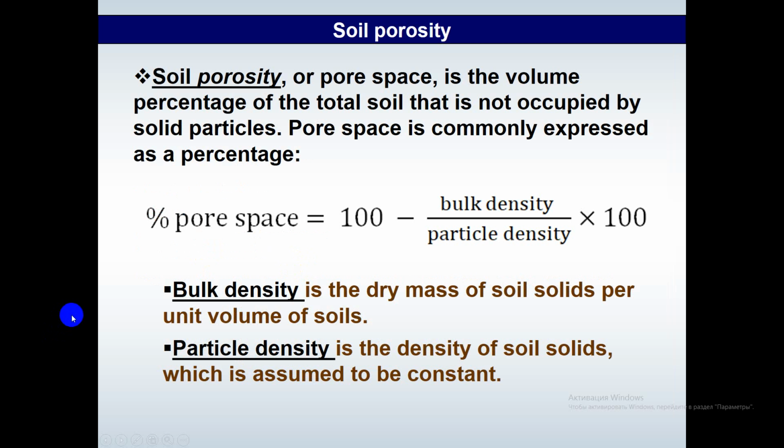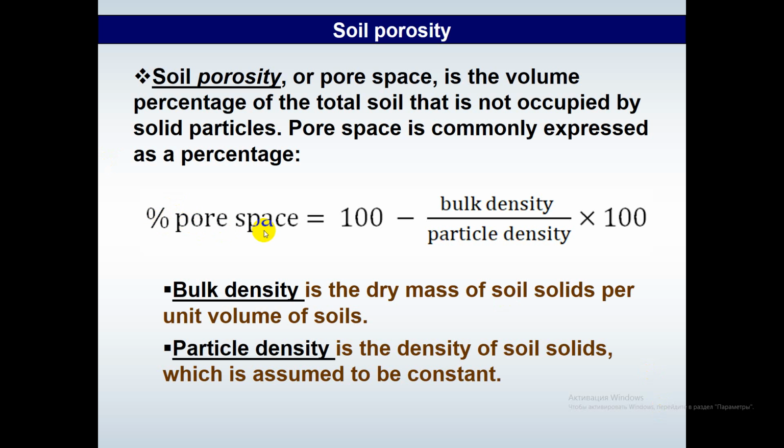Soil porosity. Soil porosity or pore space is the volume percentage of the total soil that is not occupied by solid particles. Pore space is commonly expressed as a percentage.